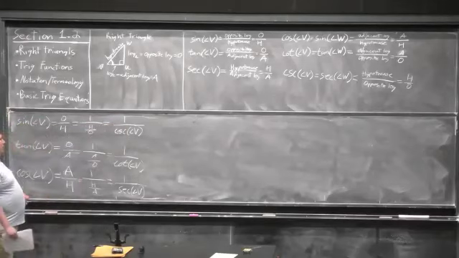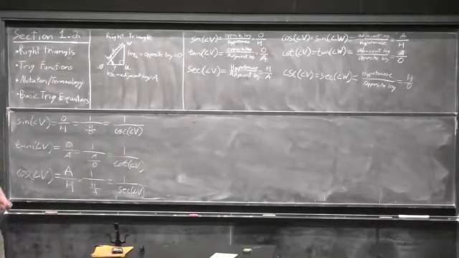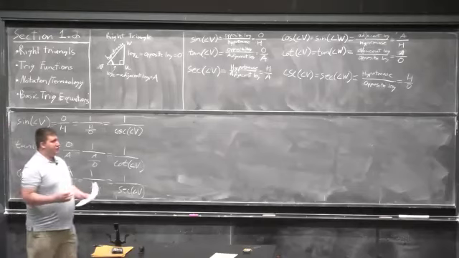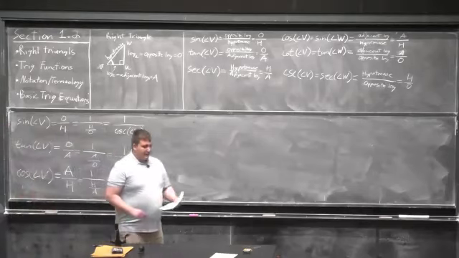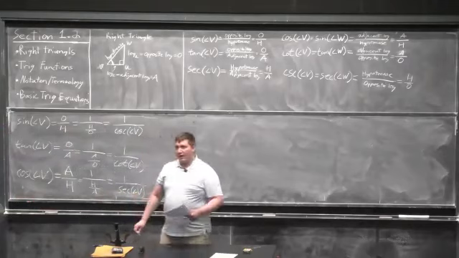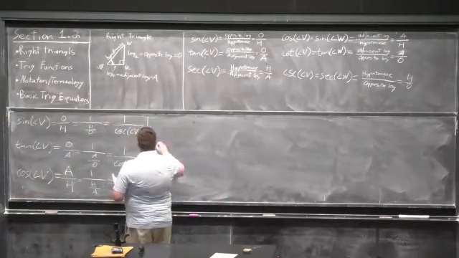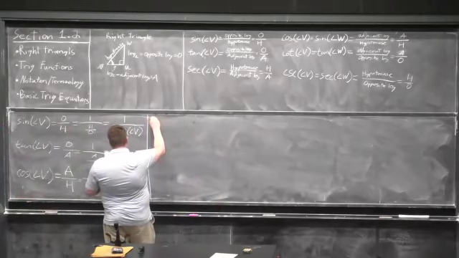Cotangent of angle V is 1 over tangent of angle V. Secant of angle V is 1 over cosine of angle V. So now that we have this, and we have basic relations between these, let's explore a little bit more about what a right triangle has. With a right triangle, we have Pythagoras' theorem.